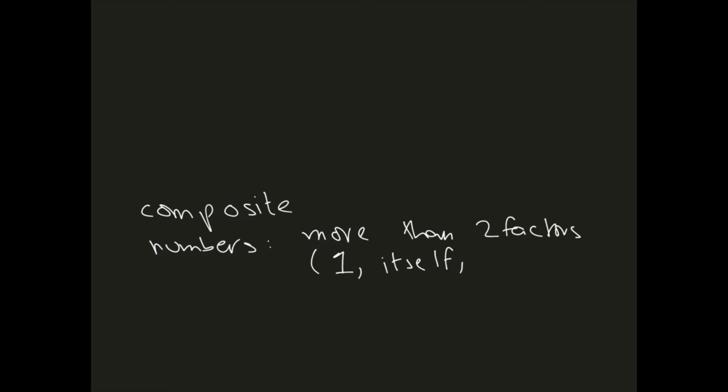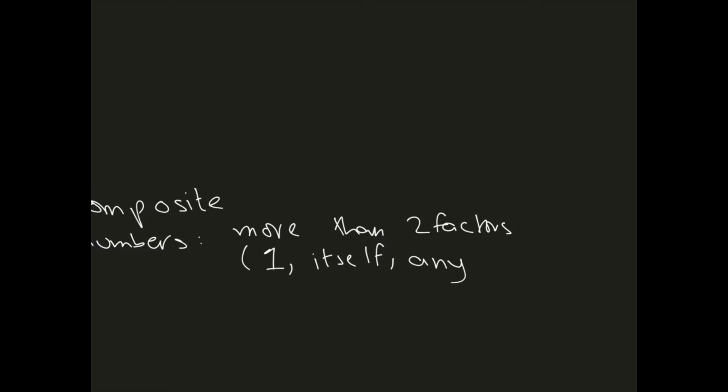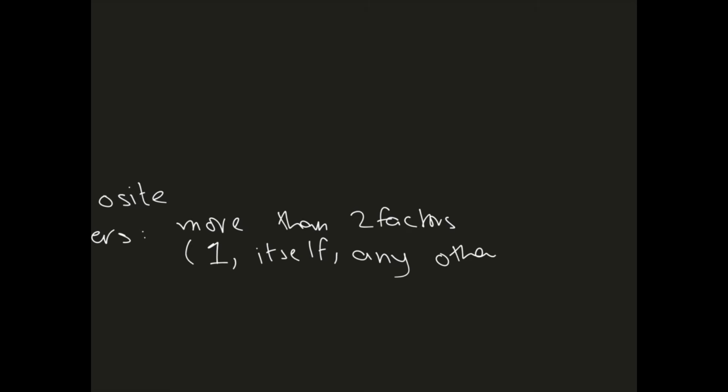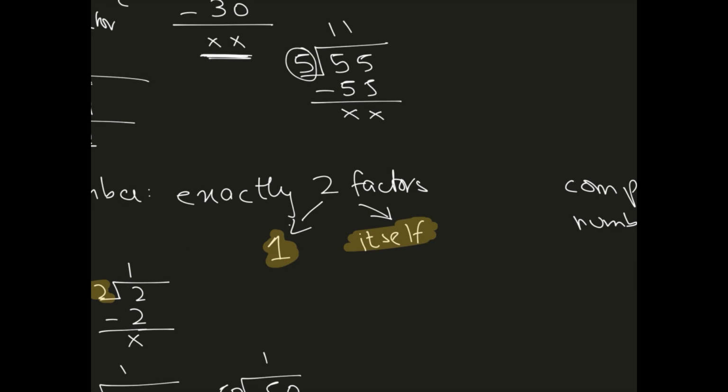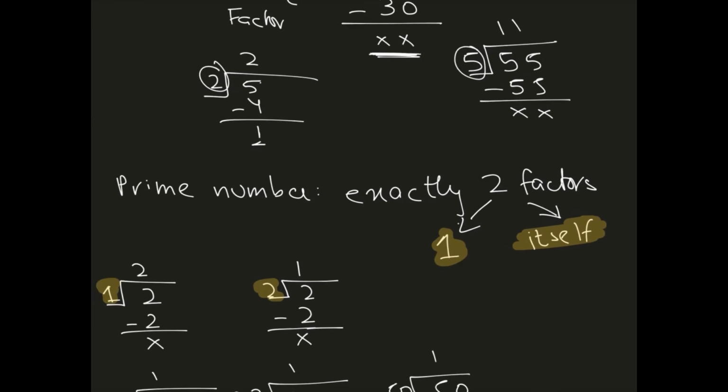It doesn't matter whether they have one other factor or two other factors. A number will always have the factors 1 and itself. But if a number has additional factors, more than 2 factors, then it will be a composite number. If not, then it will be a prime number.